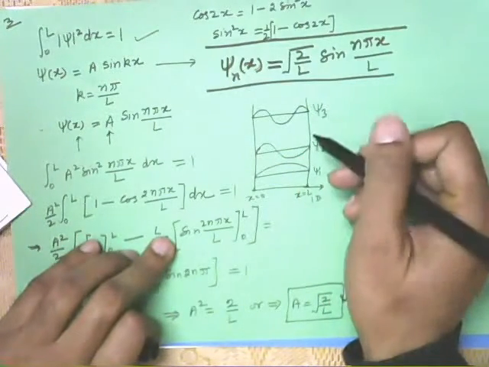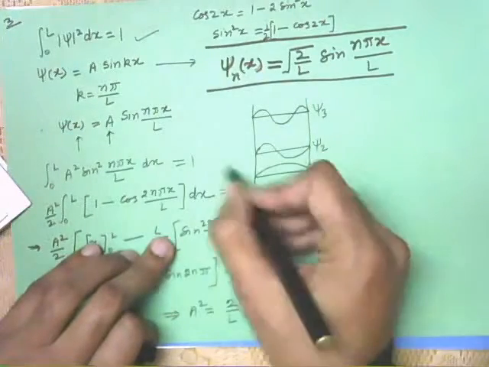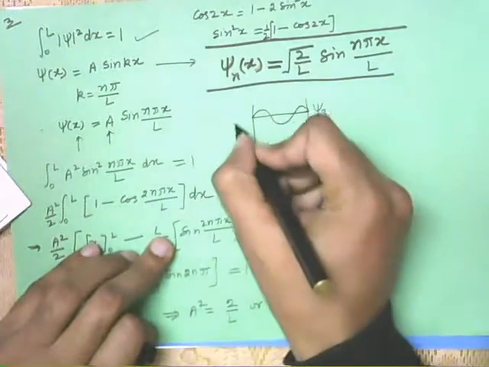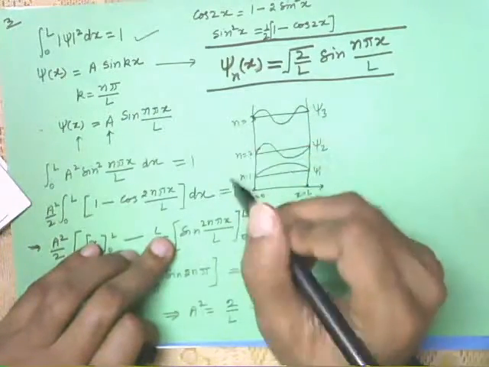In the case of the probability, this is n is equal to 1, the ground state, n is equal to 2, n is equal to 3.